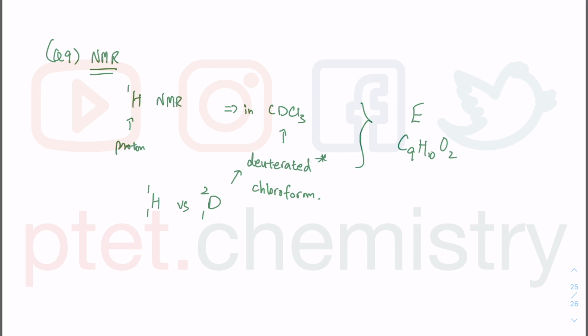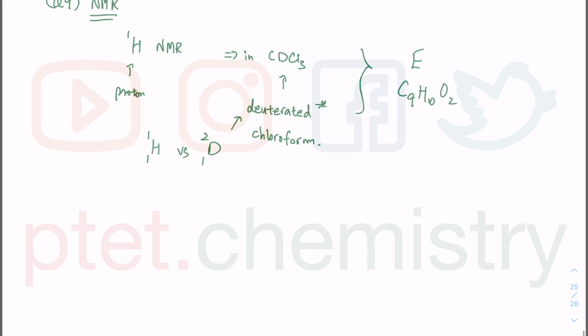Explain why CDCl3 is used as a solvent. Well, CDCl3, as I mentioned just now, the D is the deuterium, it's not a proton. So CHCl3 contains protons.